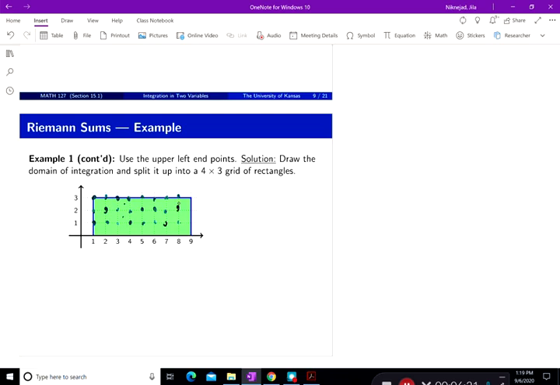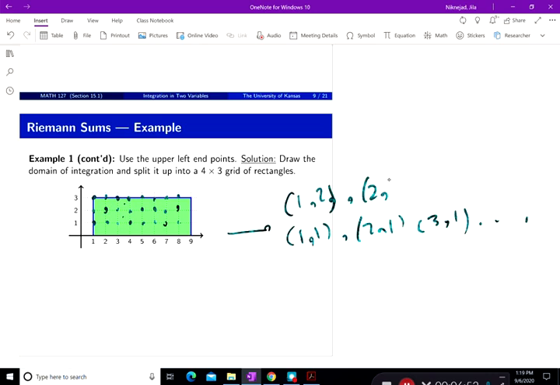So you end up with these points, and you have to figure them out. Over here, if I this time follow the rows, I get 1 and 1, then 2 and 1, then 3 and 1, and so on. The second row would be 1 and 2, 2 and 2, and so on. The last row is going to be 1 and 3, 2 and 3, and so on.